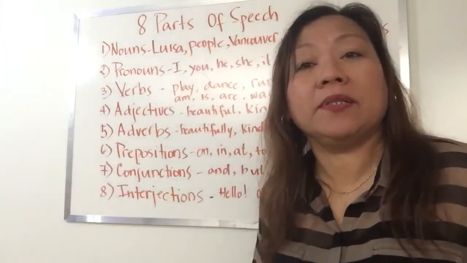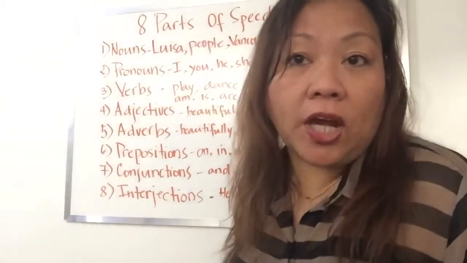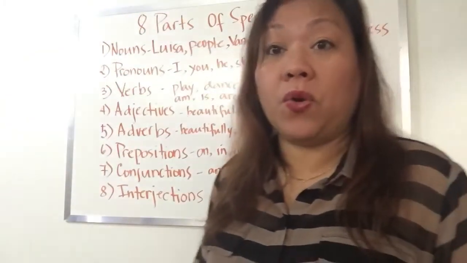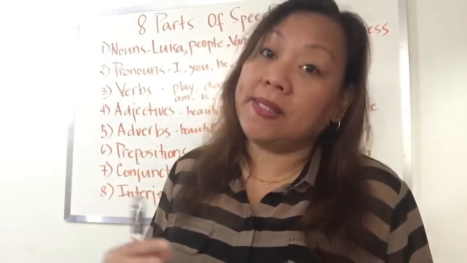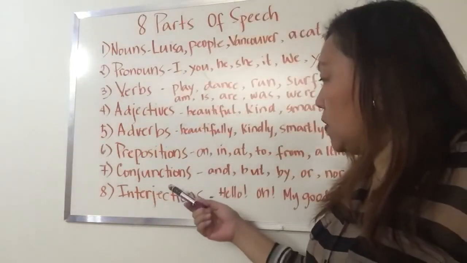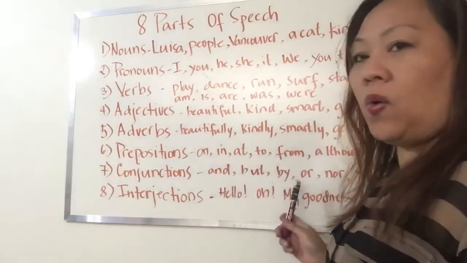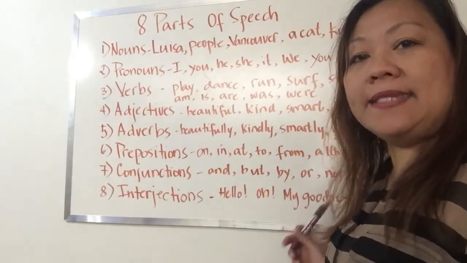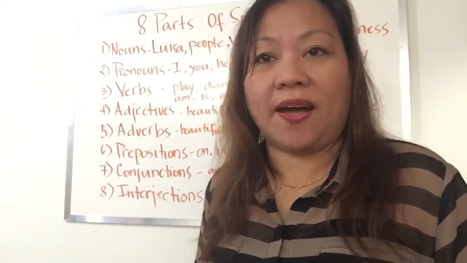Now, number 7 is conjunction. And what are conjunctions? Conjunctions are words to connect words, phrases, or sentences. Okay, and commonly used conjunctions are and, but, or, nor, yet, and there are many other examples of conjunctions, guys.